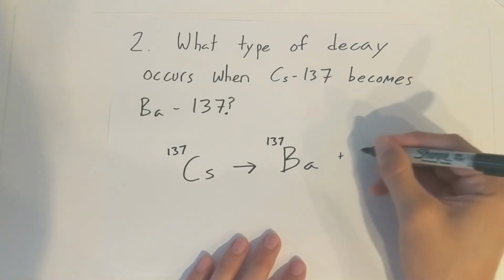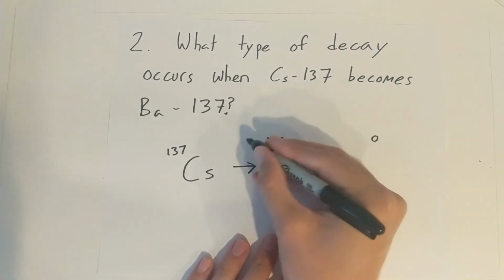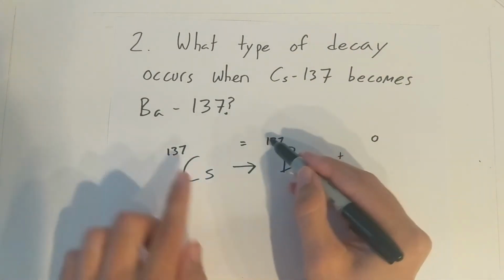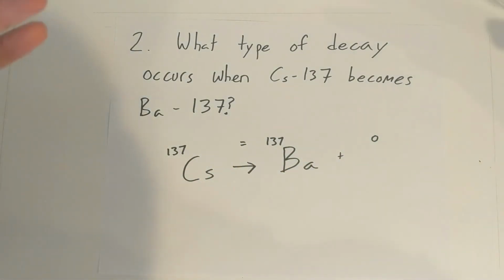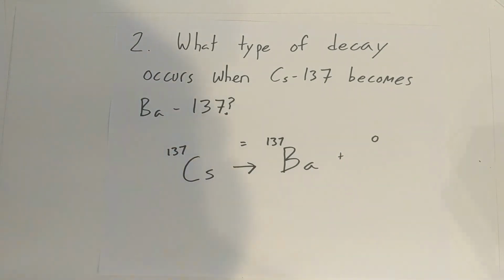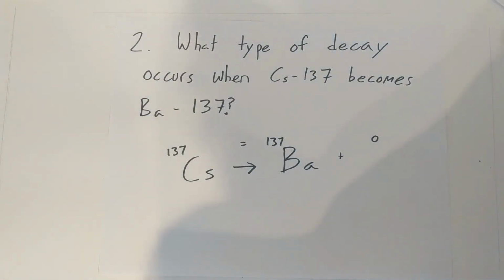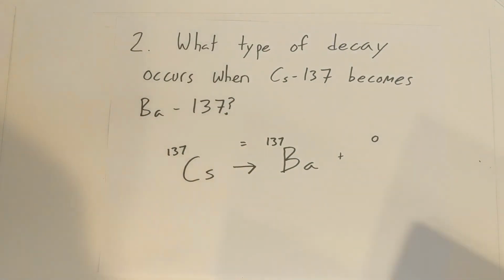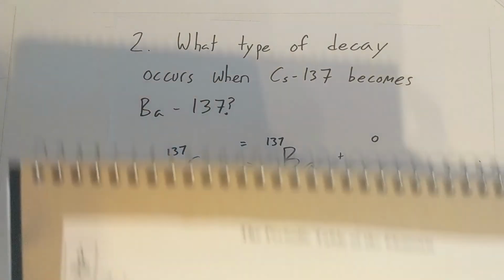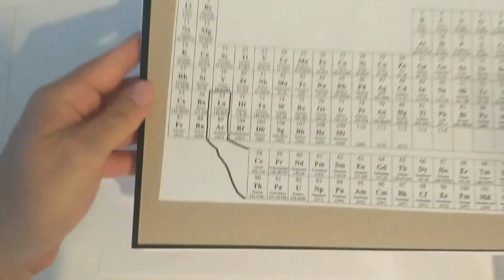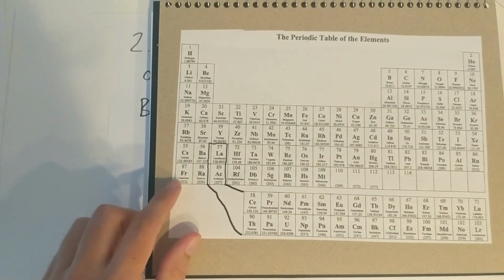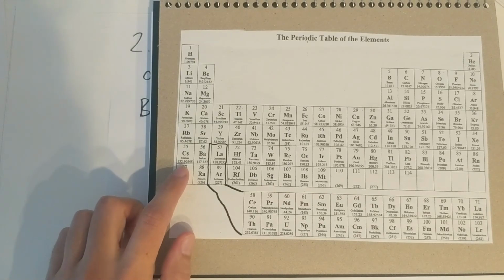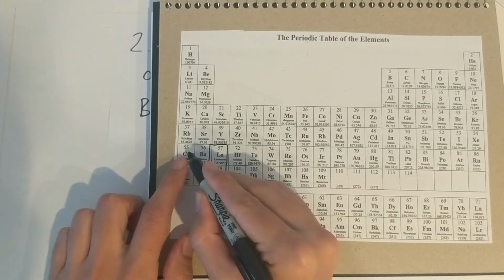So whatever particle gets shot off is going to have a mass number of 0. So we know already it's not alpha decay. And then we're trying to figure out our atomic numbers here now. So for cesium, if we take a look, cesium has an atomic number of 55.